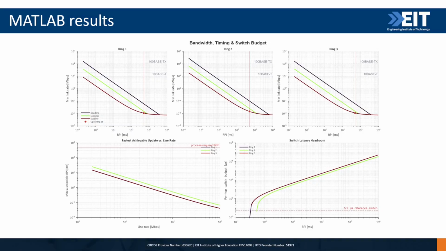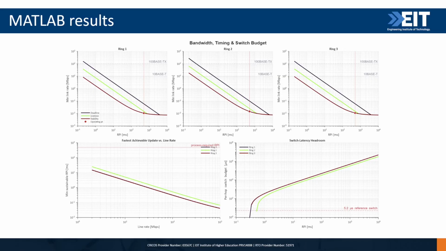So the top are the 3 rings simulated for the minimum link rate across the RPI, and this RPI was dictated by the protocol used at the field level.